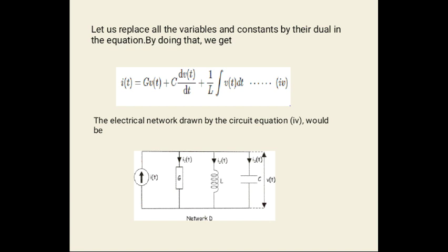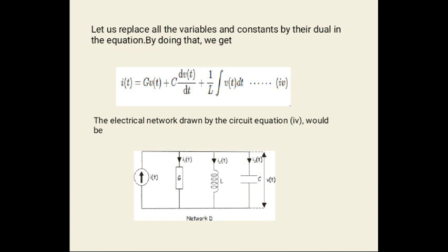Now the electrical network drawn from the circuit equation would be a current source of IT with parallel branches consisting of conductance G, inductance L and capacitor C. Voltage across each element is Vt.